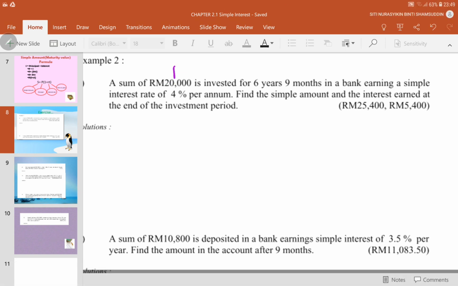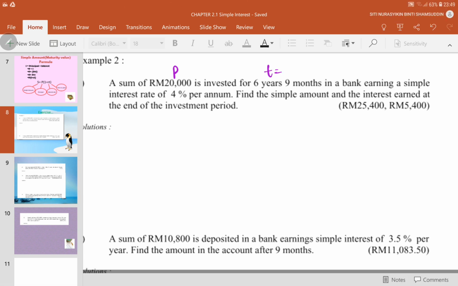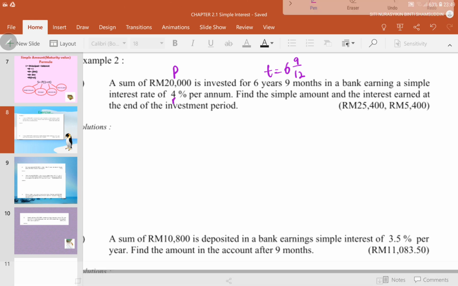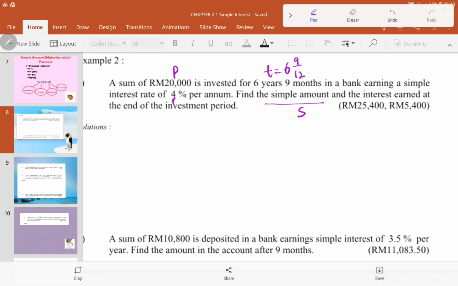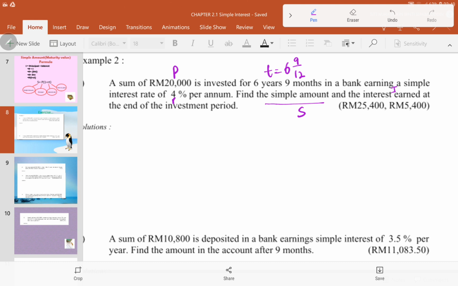So 20,000 is your P, and 6 years and 9 months is your T, which is 6 and 9/12 years. It is invested in a bank earning a simple interest rate of 4% per annum, so your R is 4%. Find the simple amount, S. You are going to find the future value or simple amount and the interest earned, which is I, at the end of the investment period.